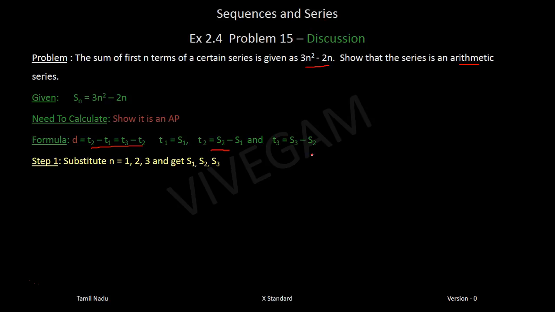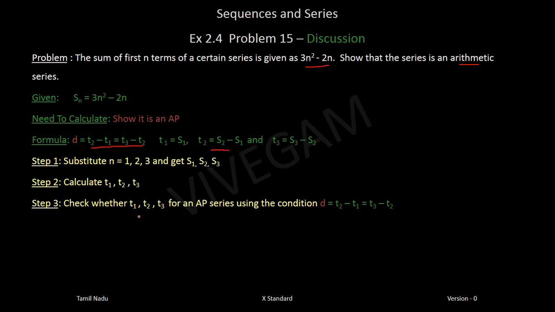So substitute n equal to 1, 2, 3 and get s1, s2, s3. Then calculate t1, t2, t3 using these formulas: t1 is s1, t2 is s2 minus s1 and t3 is s3 minus s2.